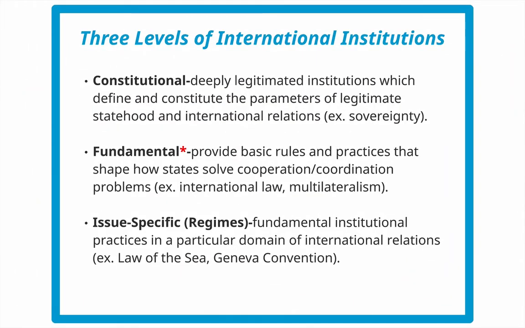When we talk about international institutions, we can talk about them at three levels. Constitutional, fundamental, which is where we'll spend most of our time, and then issue-specific or regimes. Constitutional would be an international institution that really defines and constitutes the parameters of international relations and what it means to be a state. So sovereignty would be an example. If we didn't have a notion of sovereignty, a notion of non-interference in a state's affairs and their autonomy and control over their own affairs, then international relations would look really different, right?